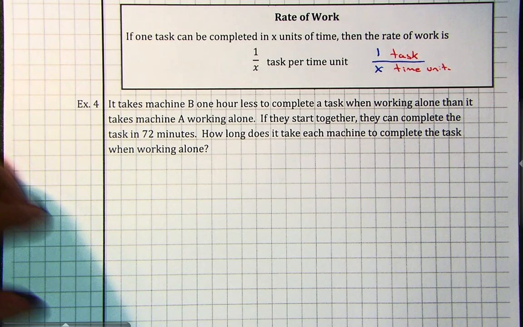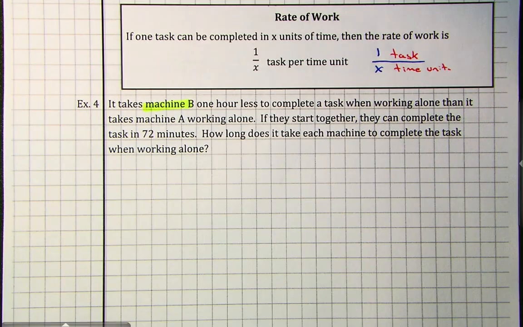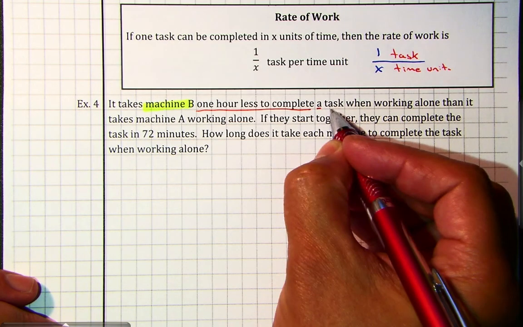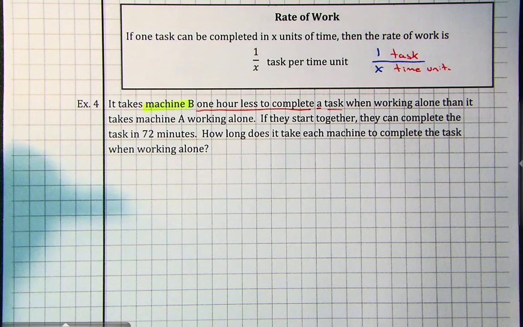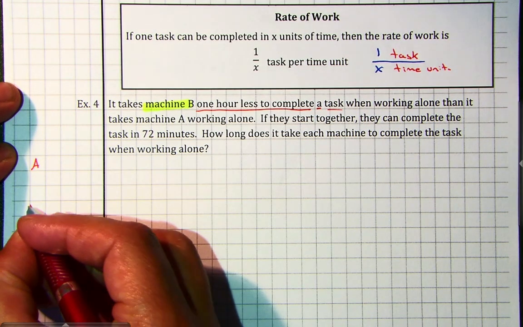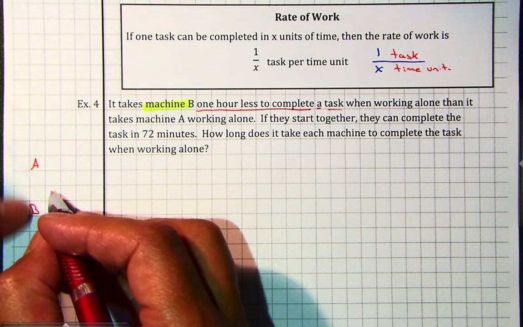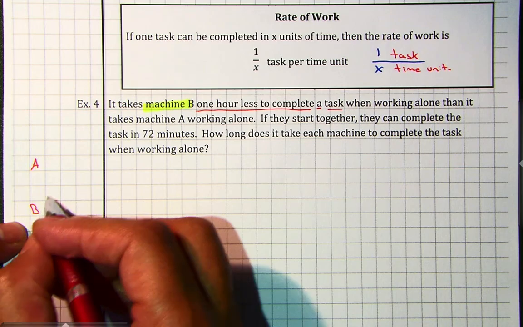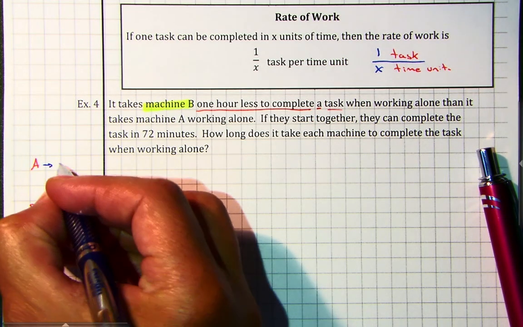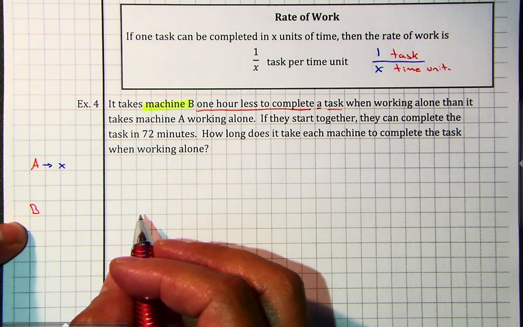So let's say machine B. For machine B, it takes 1 hour less to complete a task when working alone. So we have A versus B. Machine B takes 1 hour less than machine A. So let A be X hours, because we're talking about hours.